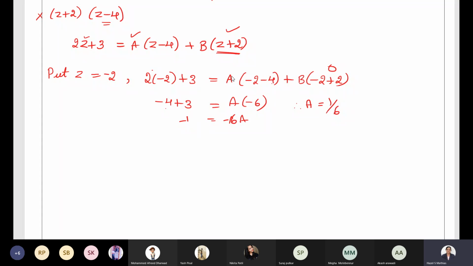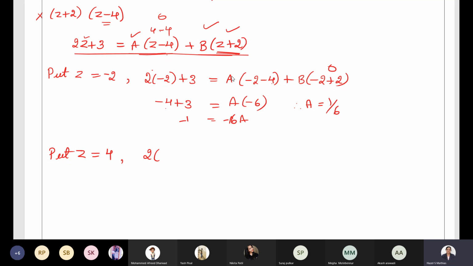Next, what should I do so that I can find the value of b? I need to make the coefficient of a 0. How can I make it? What value of z should I put? 4. Correct. When I put z as 4, 4 minus 4 will become 0. So I can find the value of b. So it will be 2 into 4 plus 3, in this expression you need to put the value of z.